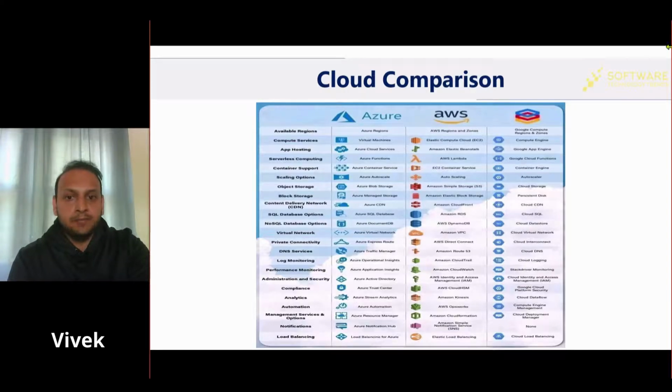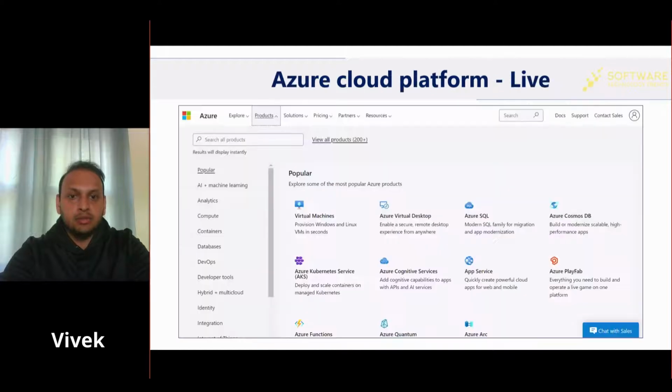Be it at the compute level or network level or analytic level, you have similar services, but with a slightly different name. So that being said, let's move on to see what a cloud platform really looks like.